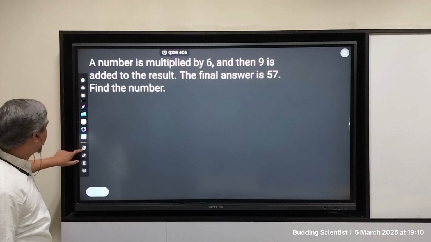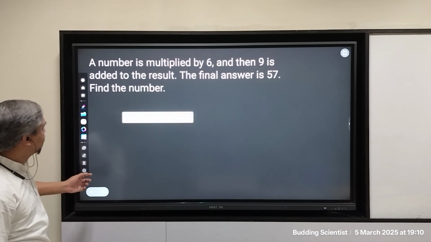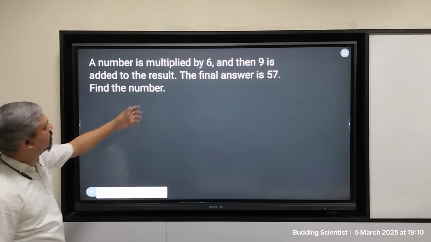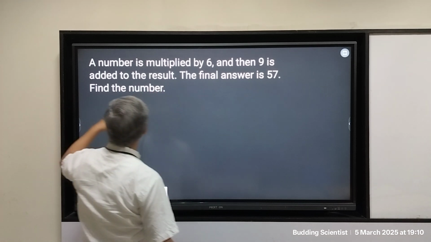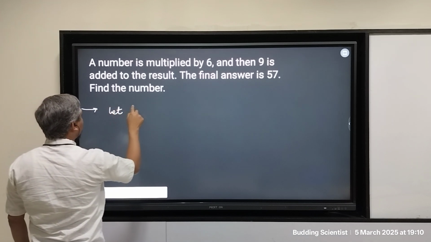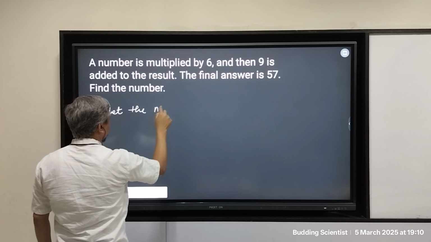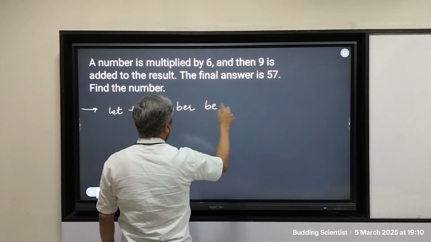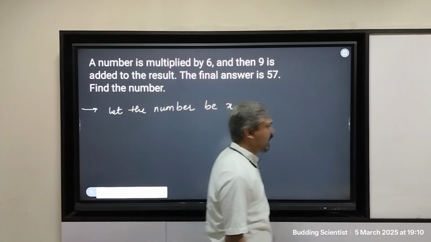A number is multiplied by 6. Then 9 is added to it. The final answer is 57. Find the number. If you don't know the number, we'll assume, let the number be x.